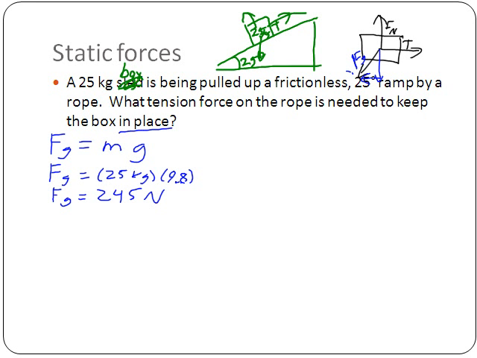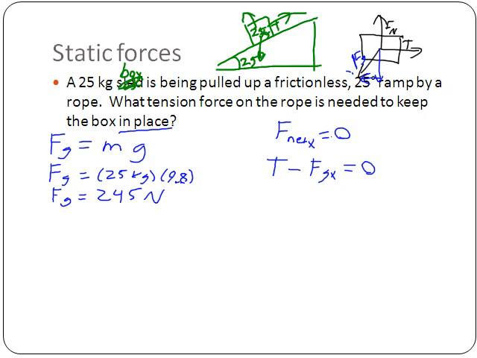So the net force in the x direction is equal to 0, which means the tension, which we'll call the positive direction, minus the gravitational force in x has to equal 0. And so if we can find Fgx, we should be able to find the tension.